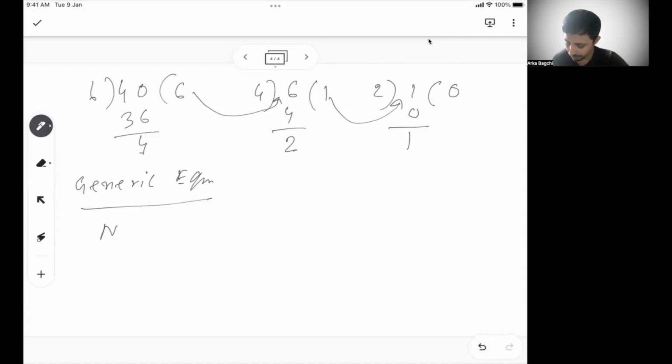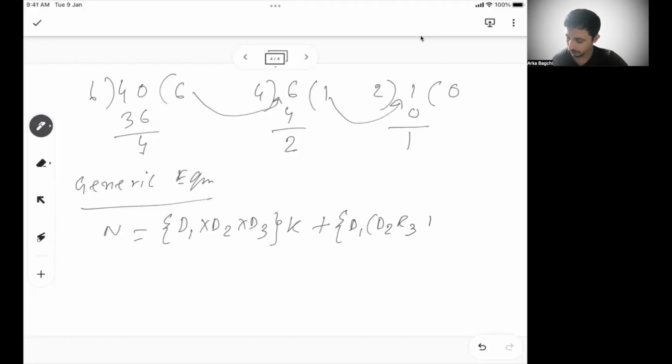Let's say you have to find the minimum number, or n minimum, or you can say the generic value of n. n is equal to d1 into d2 into d3 into k, plus d1 into d2 into r3, plus d1 into r2, plus r1.